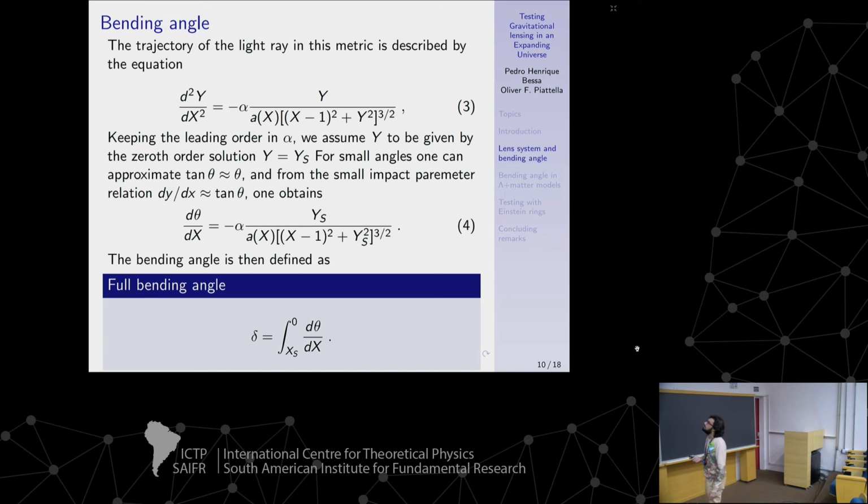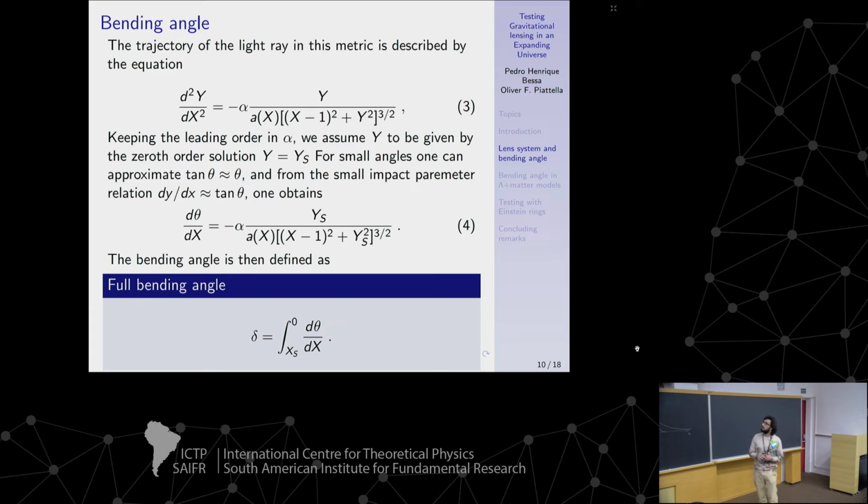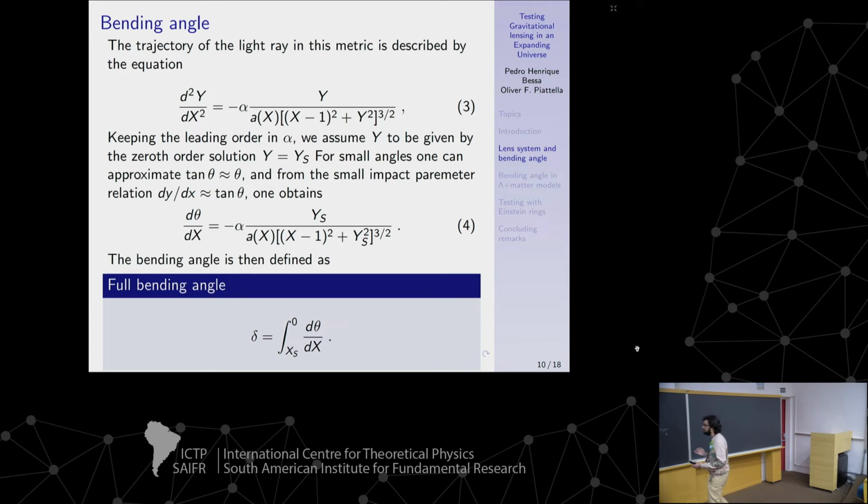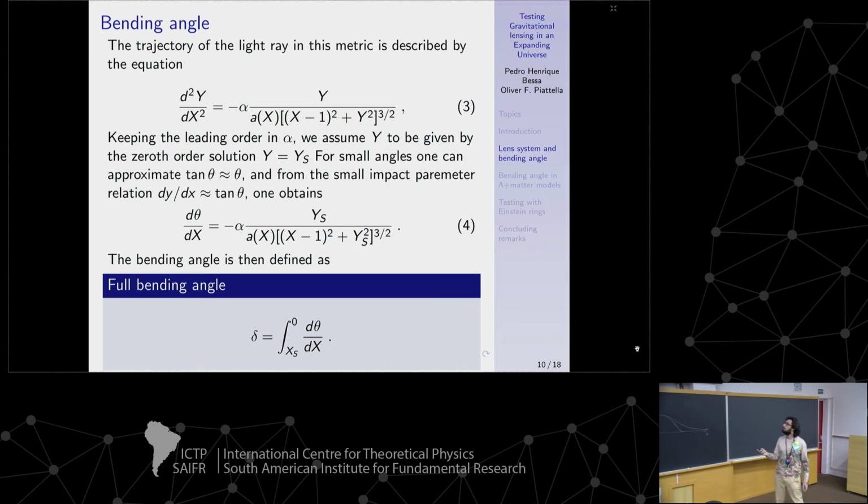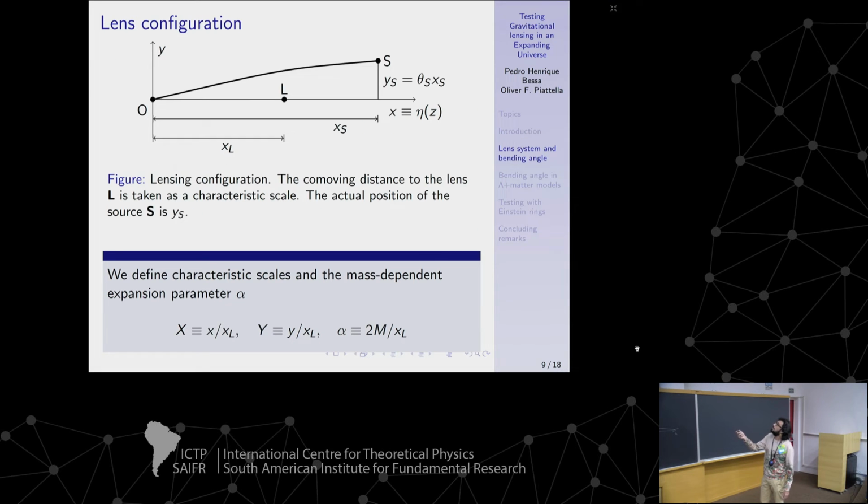Okay? So the thing is, you can have an approximation, since I'm assuming that my lens is more or less, this angle here, this YS, is small enough so I can approximate the tangent here by the relation YS over XS, right?